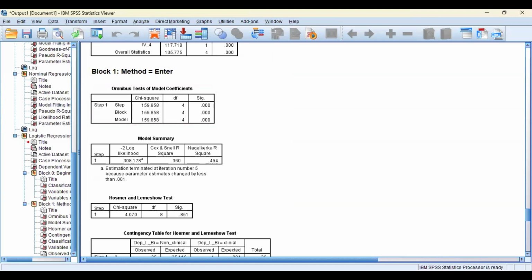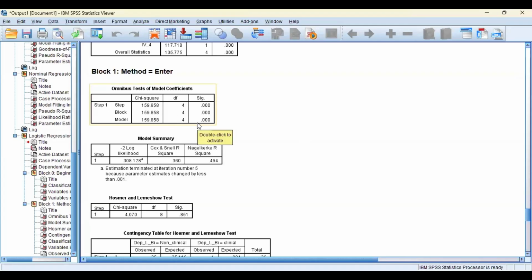In Block 1, the first thing that you want to check is the omnibus test, which should be significant for the model. So you can report the chi-square. The chi-square is relevant to the model, and the significance of the chi-square shows that your model, the general pattern of the predictions that you designed in this model, is significant.